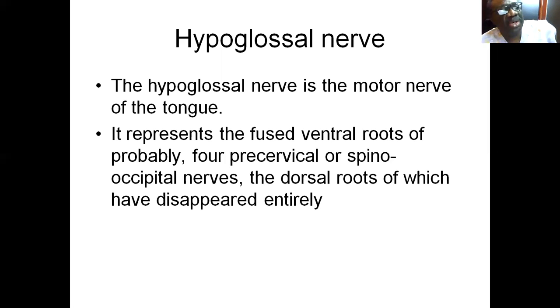I like the hypoglossal nerve, and I'm going to be very brief about this. The hypoglossal nerve is a motor nerve of the tongue. It represents the fused ventral roots of probably 4 pre-cervical or spinal occipital nerves, the dorsal roots of which have disappeared entirely.